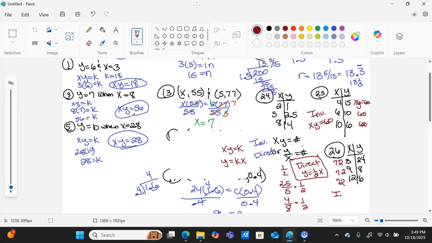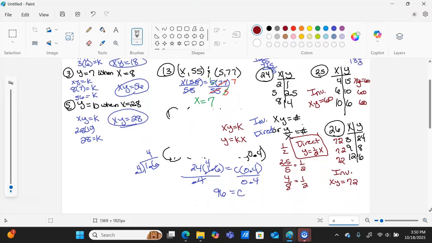So this one is also inverse, and so it would be xy equals 72. So if it is direct variation, y over x will give you your constant of variation. If it's inverse, x times y will give you your constant of variation.